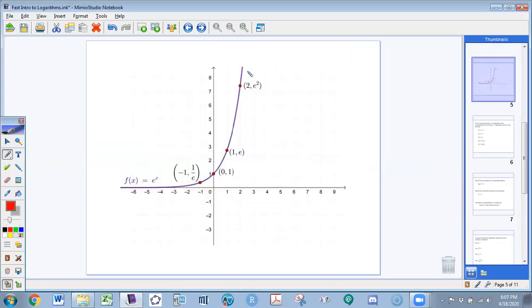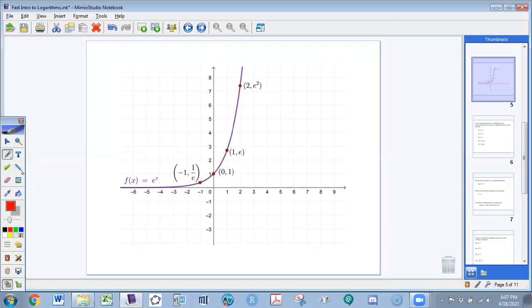So remembering the function f of x equals e to the x, which went through 0, 1, of course, like all exponential functions, and goes through 1, e and 2, e squared, -1, 1 divided by e. So doing exactly the same thing as the 2 to the x graph, although those numbers are a little different. e is about 2.7, e squared is about 7.4, and 1 divided by e is pretty close to 1/3.